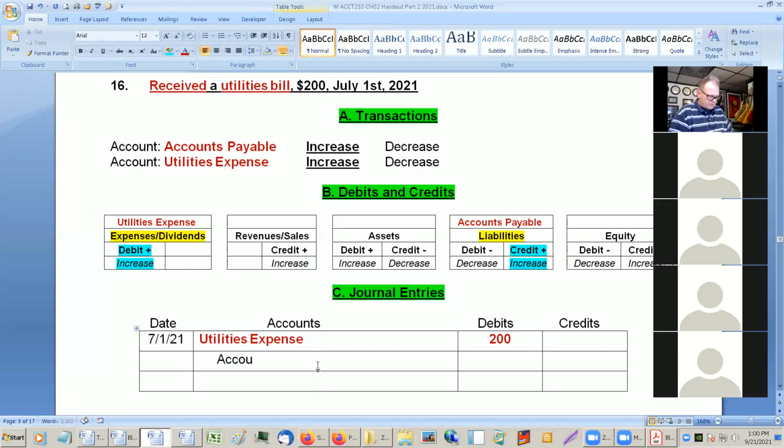Accounts payable. The liability. Plus in there.